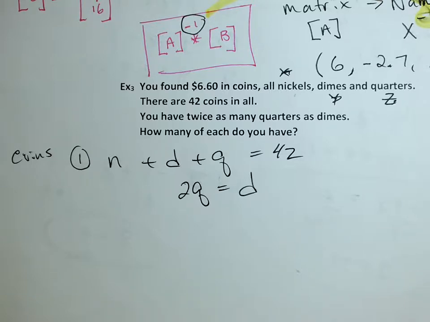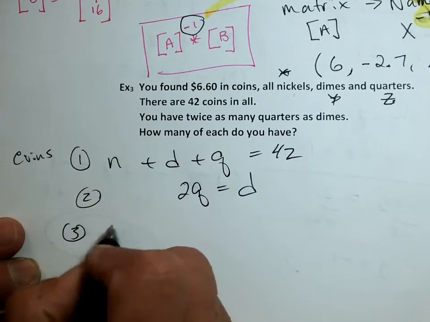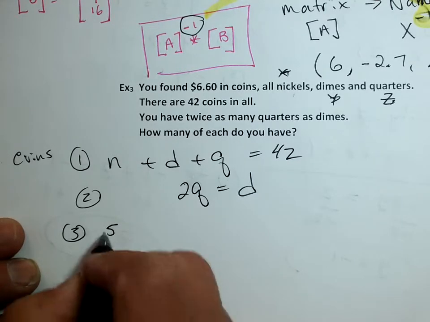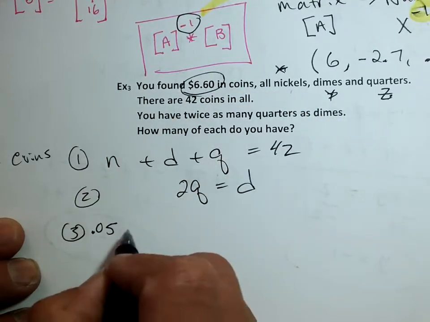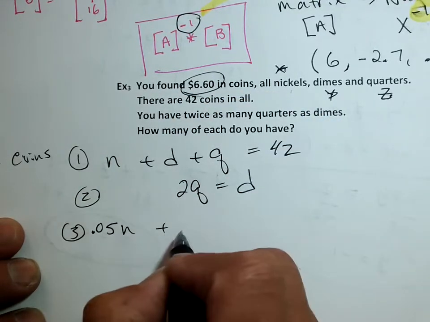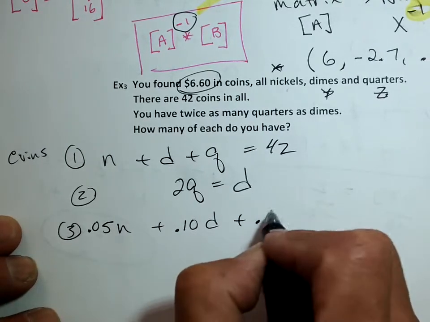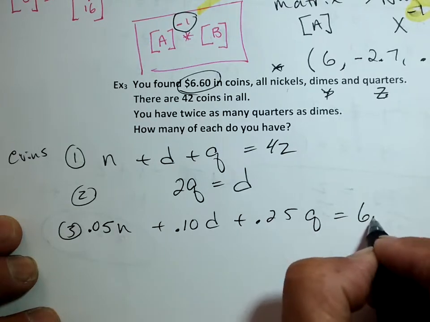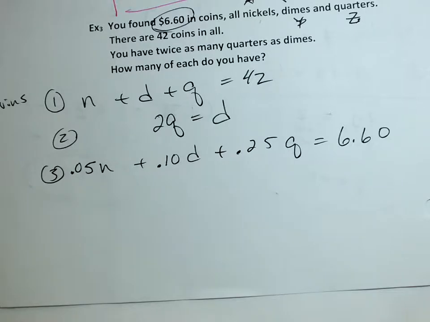So my third equation could be, actually it's going to be 0.05, my bad, because it's 0.05 N plus 0.1 D plus 0.25 Q equals 6.60. So I've got 3 equations, don't I?